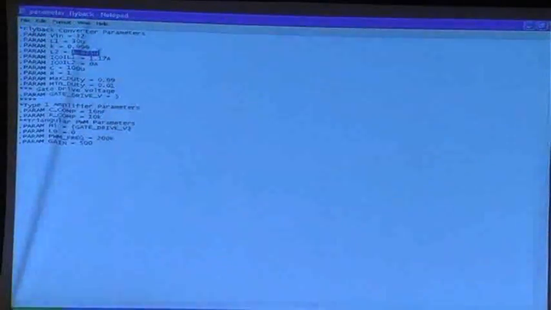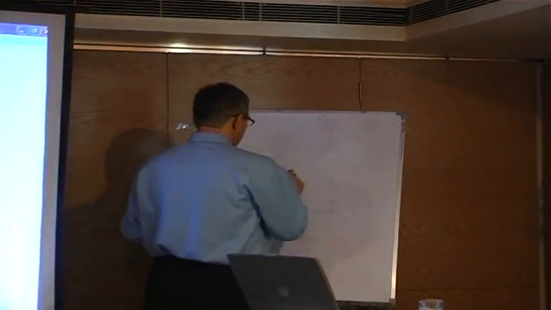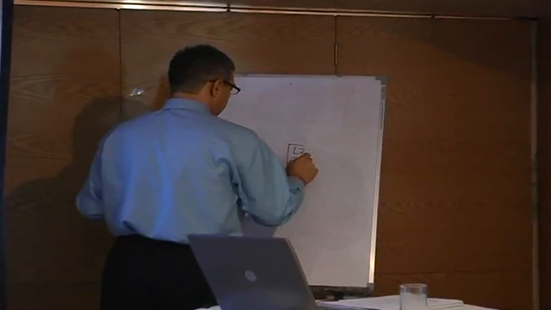So the square root of L1 by L2 decides your turns ratio, because L1 is proportional to N1 squared and L2 is proportional to N2 squared. So the turns ratio for the transformer is essentially the square root of L2 by L1.